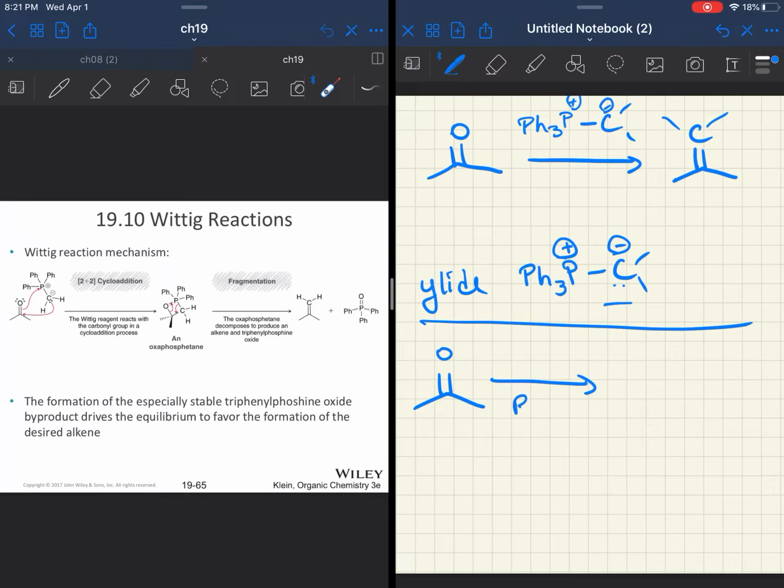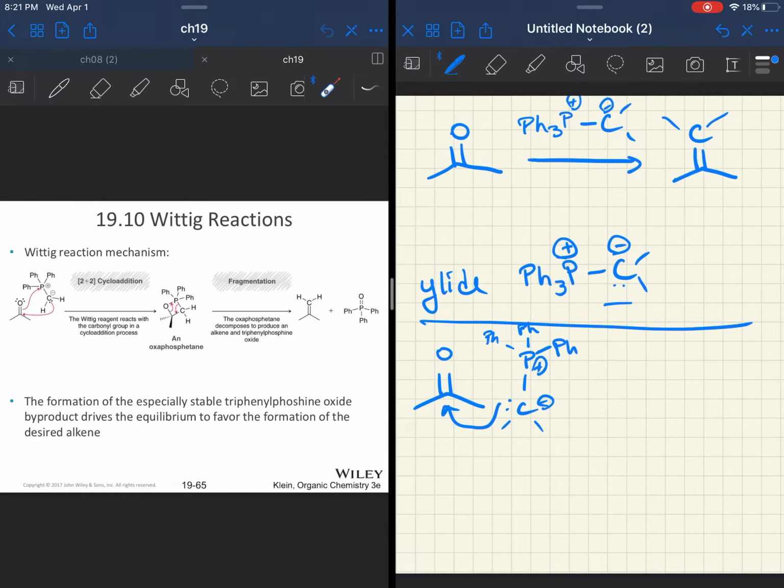You still have your nucleophilic attack, and so I'm going to go ahead and draw this here. I changed my mind. You have your, let's see, your phosphorus with the 3 phenyl groups, and you have your carbon. Now again, whether you draw it from the bond or if there's a lone pair on the carbon, it depends on how it's presented.